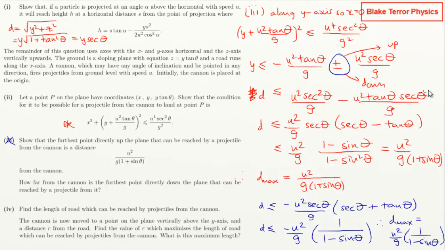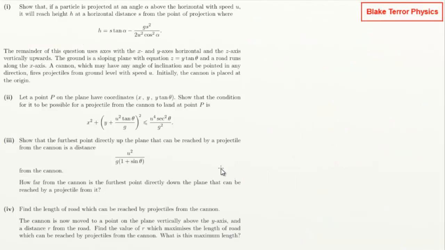Right, so part 4. I've got another blank sheet here. Find the length of road which can be reached by projectiles from the cannon. So this is where we're looking at the x-axis, which is where the road is. So on the road, we've got that y equals z equals 0.